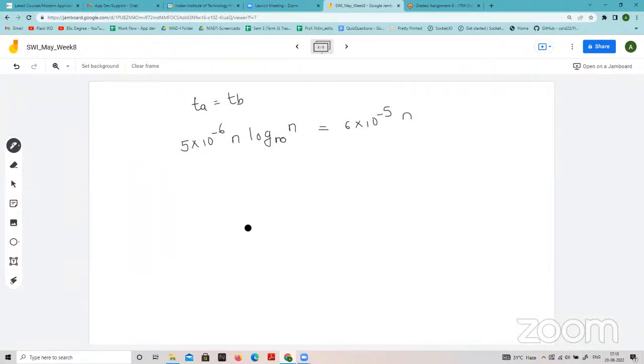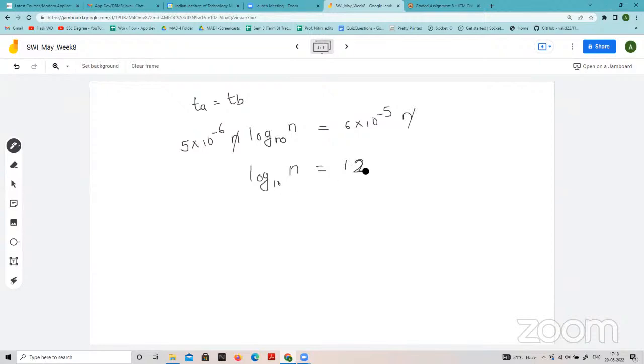So what we'll do, we'll find out this value. This n gets cancelled with this n. So we get log base 10 n equals 1.2, is it? I've just divided this by this, 1.2 or 12, right? 6 into 10 raised to power 5 divided by 5 into 10 raised to power minus 6 is 12.